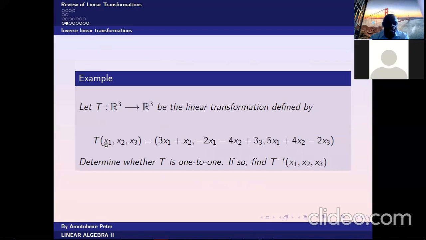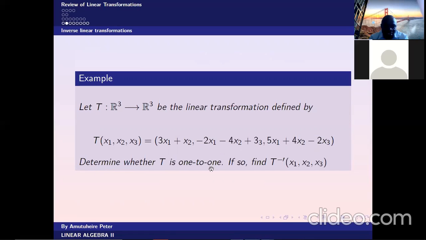Given a vector in R3, it multiplies the first entry by 3, it leaves the second, and the third entry is the second entry minus twice the first entry minus 4, and so it returns a vector in R3.